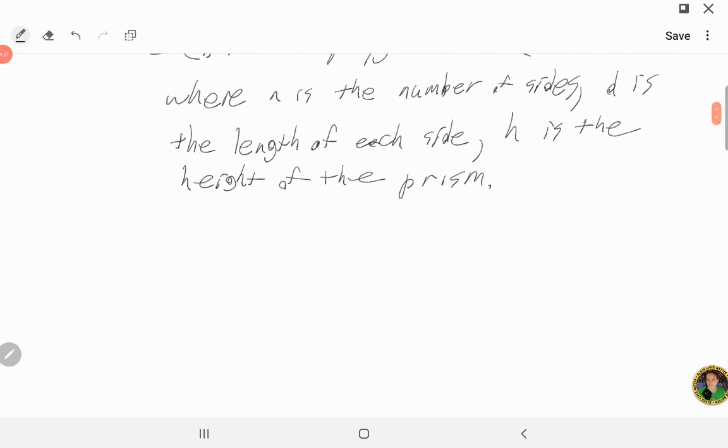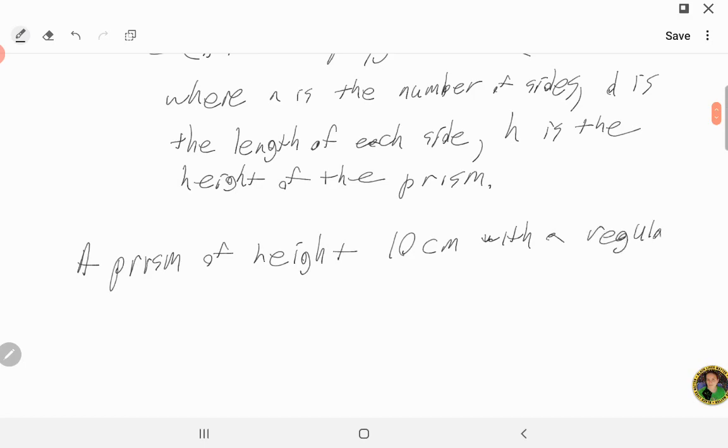So if we go back to the idea of a hexagon base, a prism of height 10 centimeters with a regular hexagon base with side length of, let's make it 6 centimeters.